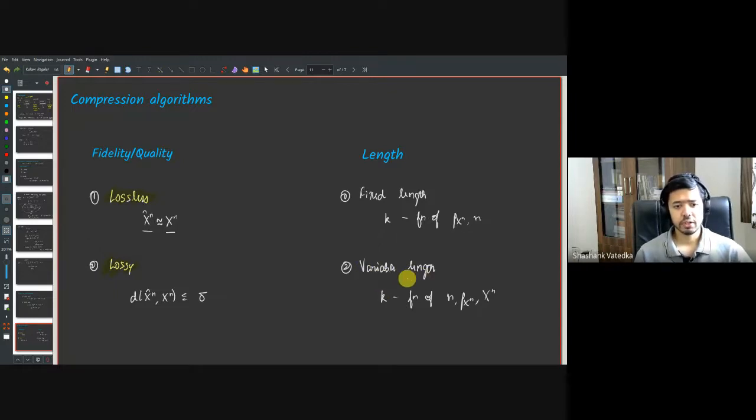Now let's see some examples of fixed length and variable length compressors. For most of this course, we'll focus on lossless compression. We'll explore this in a lot of detail, and maybe towards the end, depending on how much time we have, we'll very briefly cover lossy compressors.